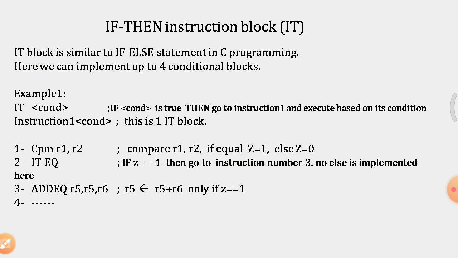If not, it will go on after the ADDEQ instruction. That is, if R1 is not equal to R2, the ADDEQ third line instruction will not be executed after IT. So this is one IT block. Like this, we can implement 4 IT blocks. We'll see some examples on this.